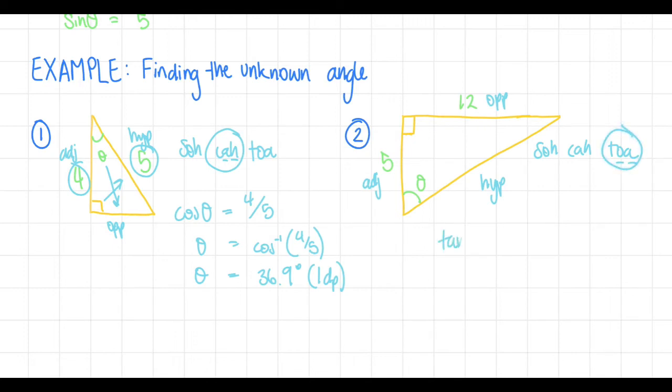So we will be using tan theta equals 12, which is the opposite, over 5, the adjacent. Rearranging, theta equals tan inverse 12 over 5, and theta equals, once again, pop it into your calculator, we get 67.4 degrees, which is to 1 decimal place.